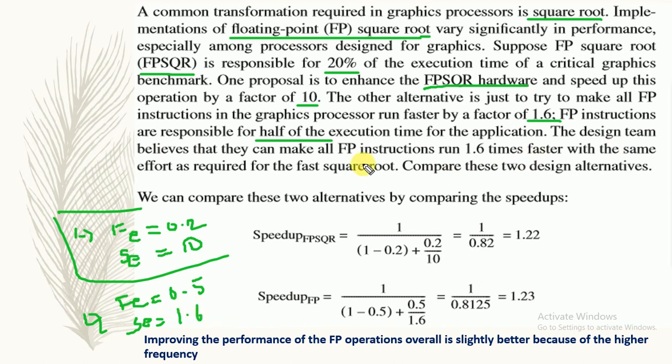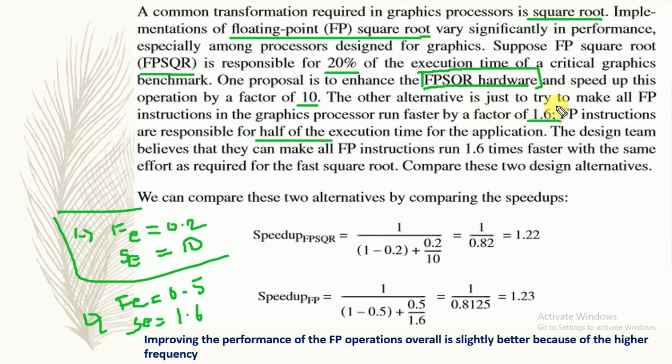So the design team believes that they can make all FP instructions run 1.6 times faster with the same effort as required for the fast square root. Compare these two design alternatives and see which is better. One situation: adding enhancement to only the floating point square root hardware.